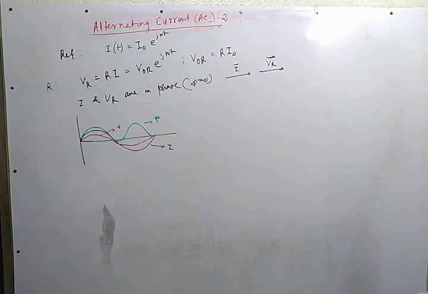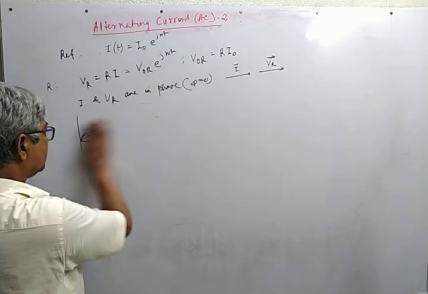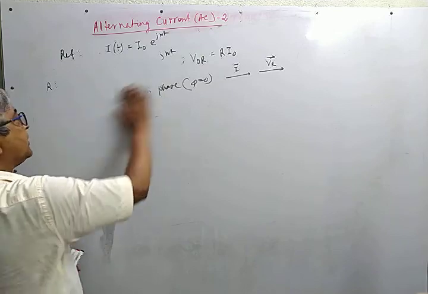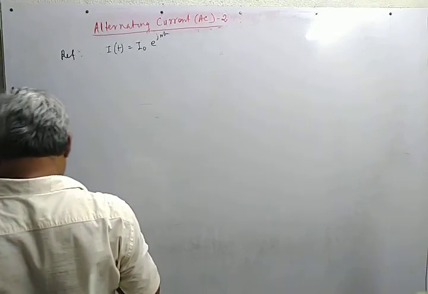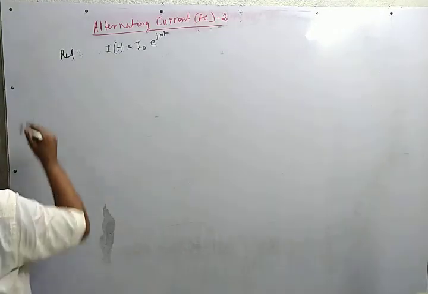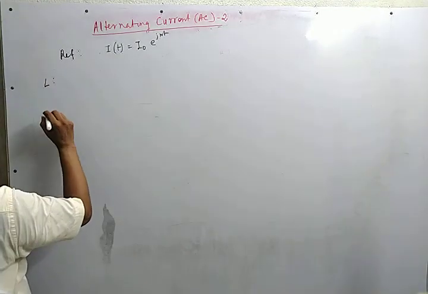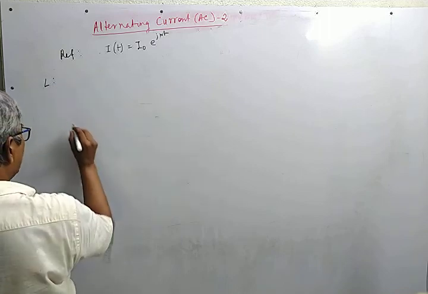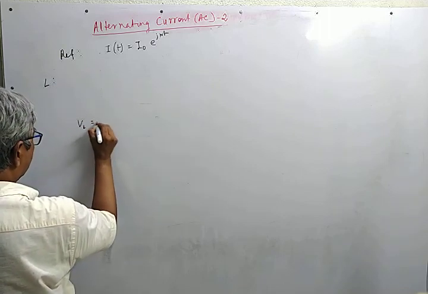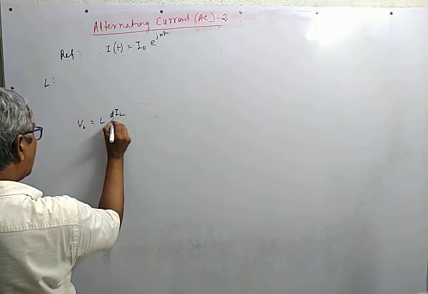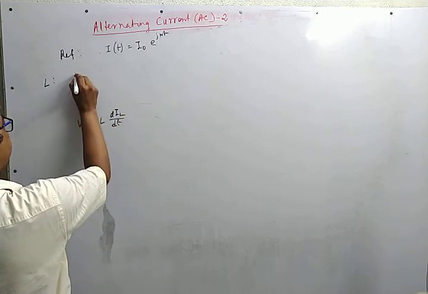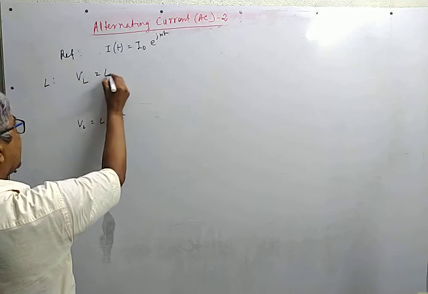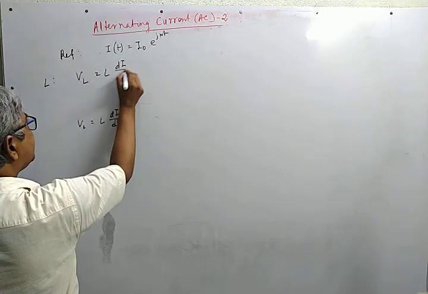Now come to the case of inductor. If we consider the inductor, then we know the basic relation is VL is equal to L diL by dt. So I is the reference, so VL is given by L di by dt.